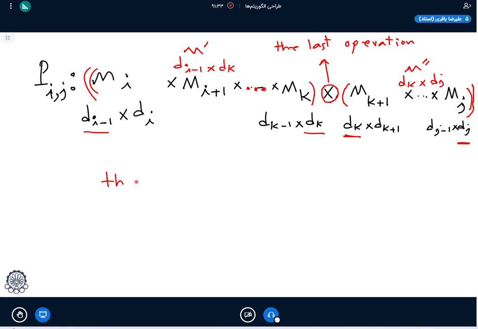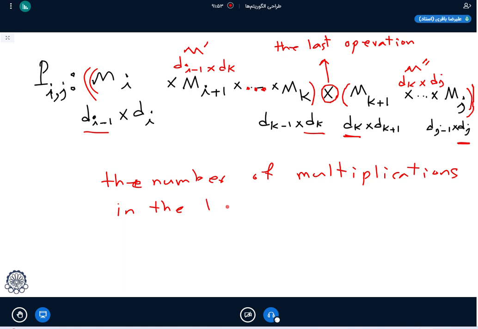So we can write this: the number of multiplications in the last operation is equal to d_{i-1} multiplied by d_k multiplied by d_j.